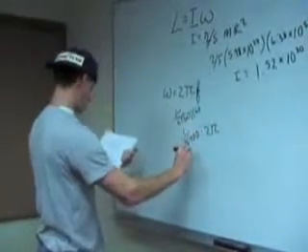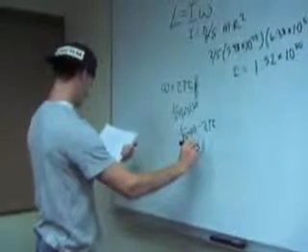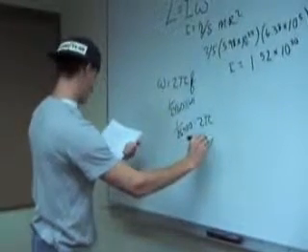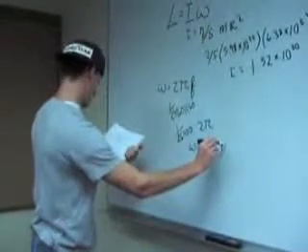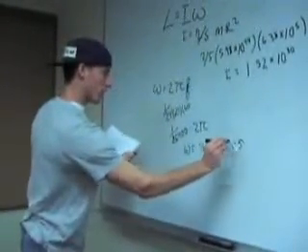That brings you to omega equals 7.27 times 10 to the negative 5th.